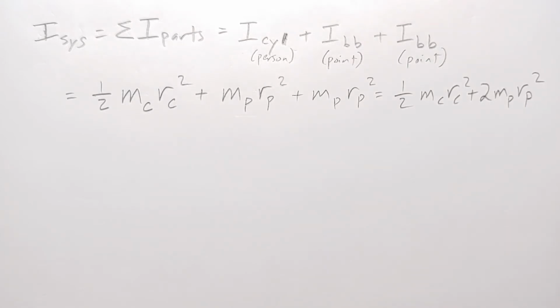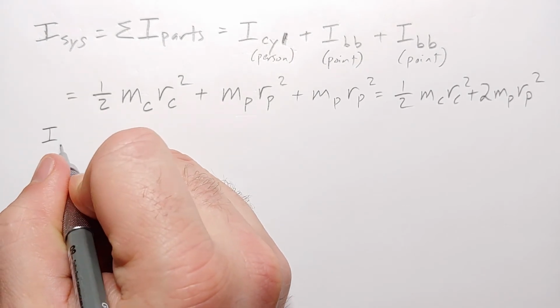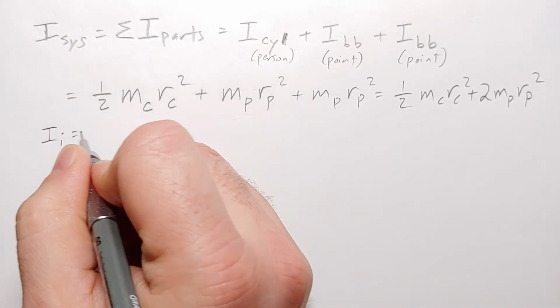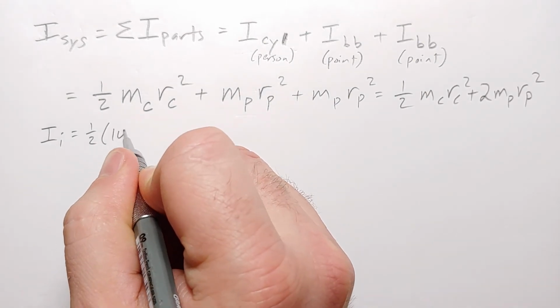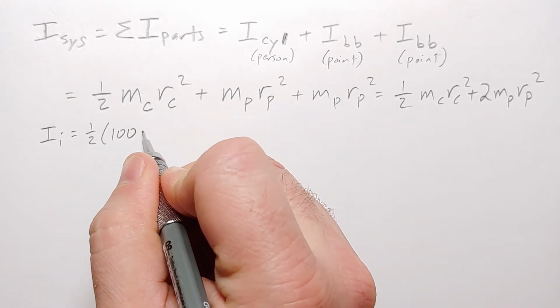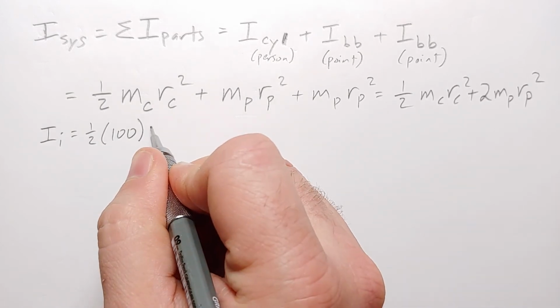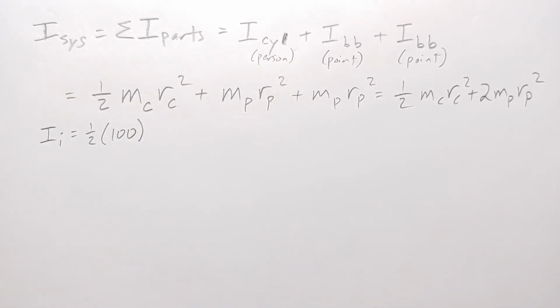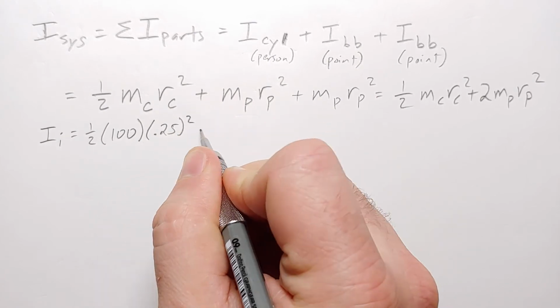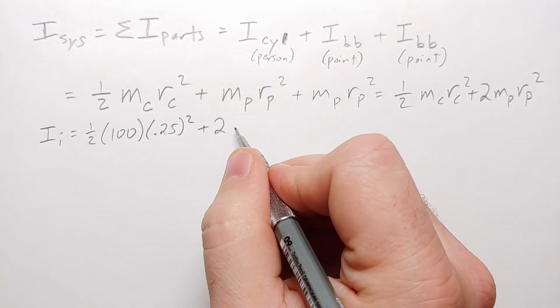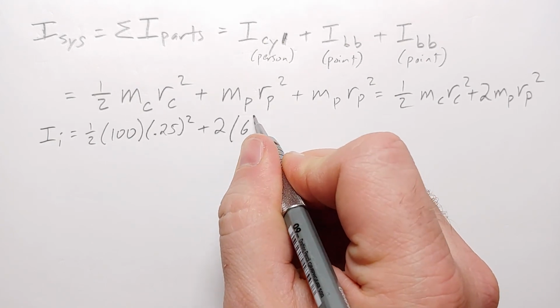And so for our initial conditions, our initial moment of inertia is going to be 1/2. Our cylinder was our person. That was 100 kilograms. The radius of the person we said was 0.25 meters. The mass of the bowling ball was 6.